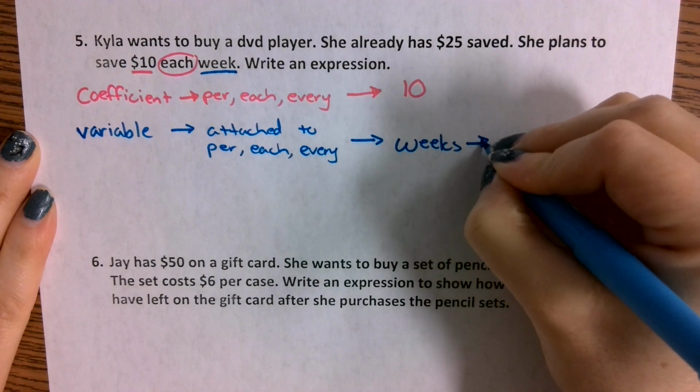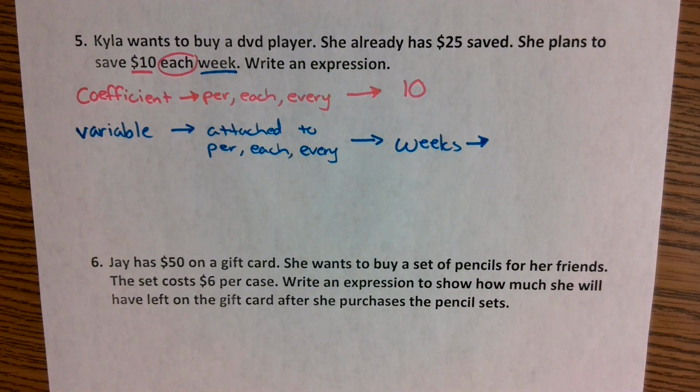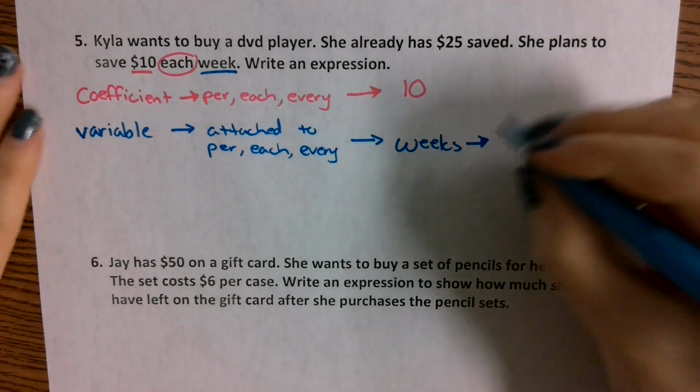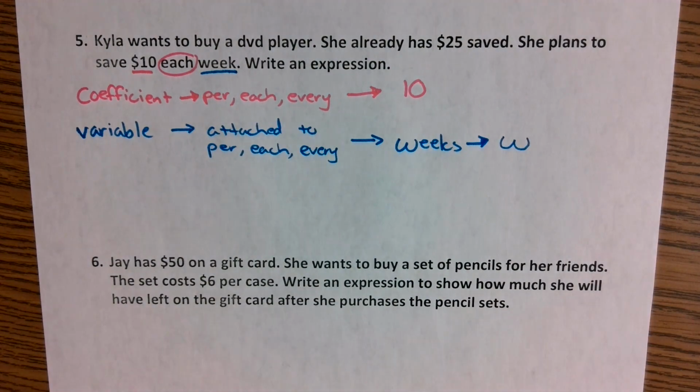I'm going to have to pick a letter that relates to it. So what letter do you think I might want to choose? W, right? Pick something that makes sense. Typically speaking, though, there are letters that we don't usually choose, like T because it looks like a plus sign, and O because it looks like a 0.